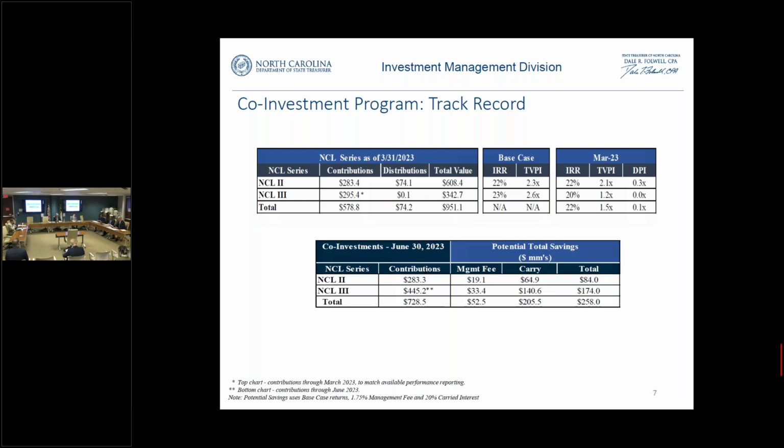We made some assumptions, which are reasonable: a 4-year hold, 175 basis point fee and 20% carry. At the end of the day, we expect to save $258 million. You could ask what the validity of that is. Well, if you look at NCL2, it's tracking for expected returns, so we feel confident that we will meet or exceed that.